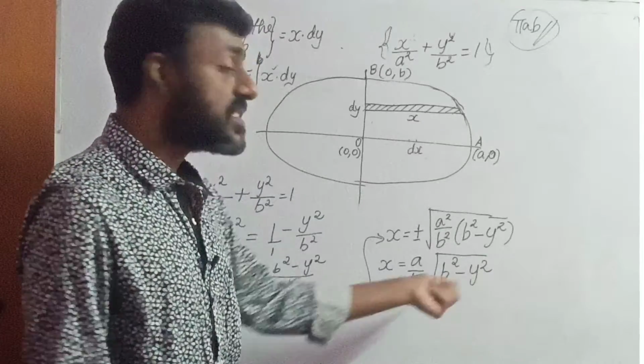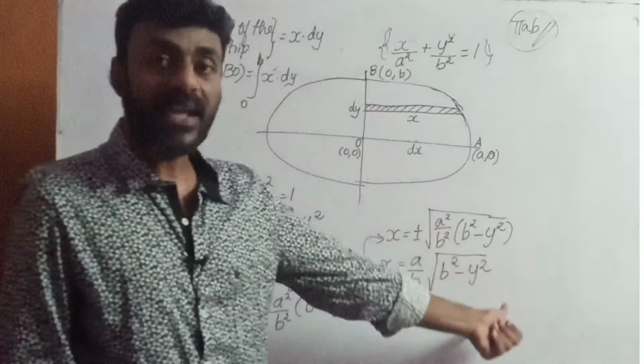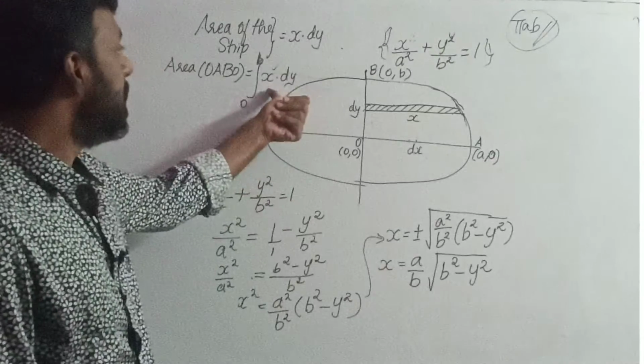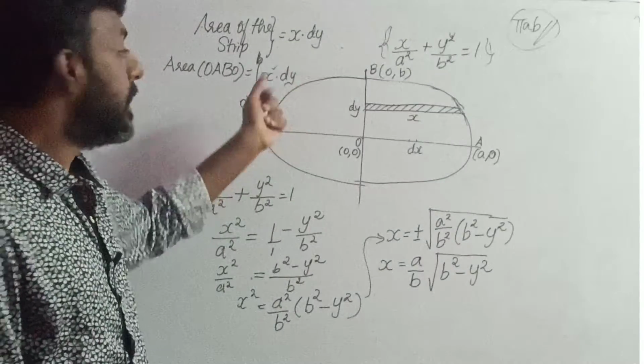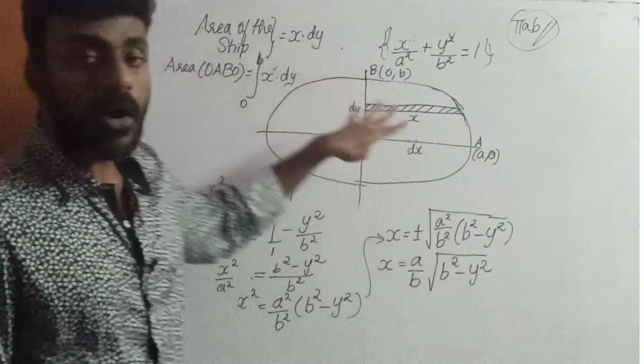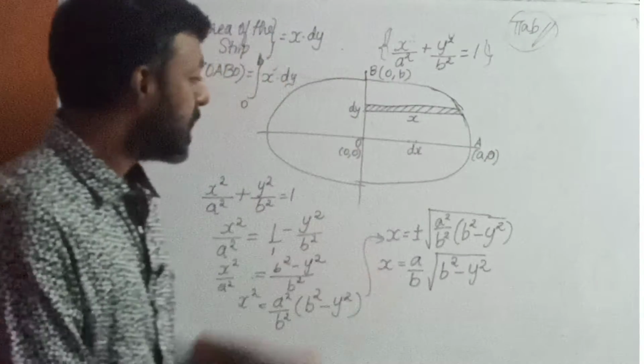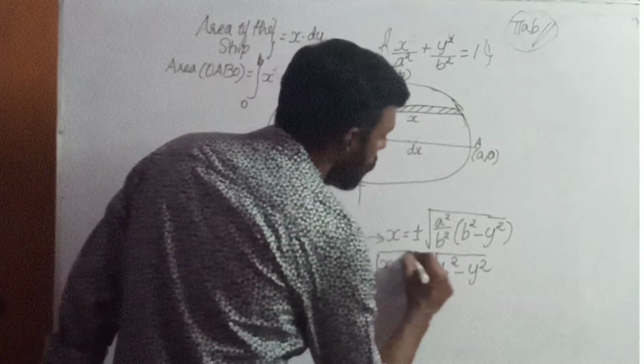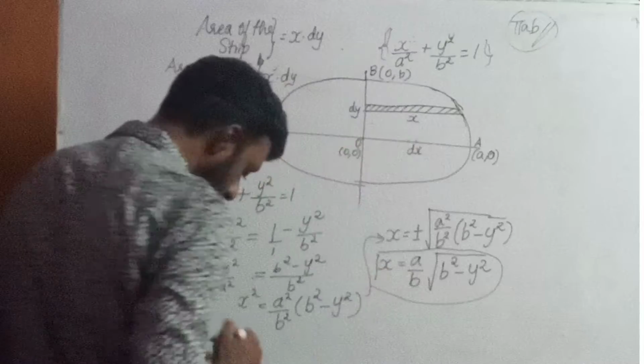Once I get this value of x, I am going to substitute it into the integral quantity, which is the area OABO. I got the value of x over here.